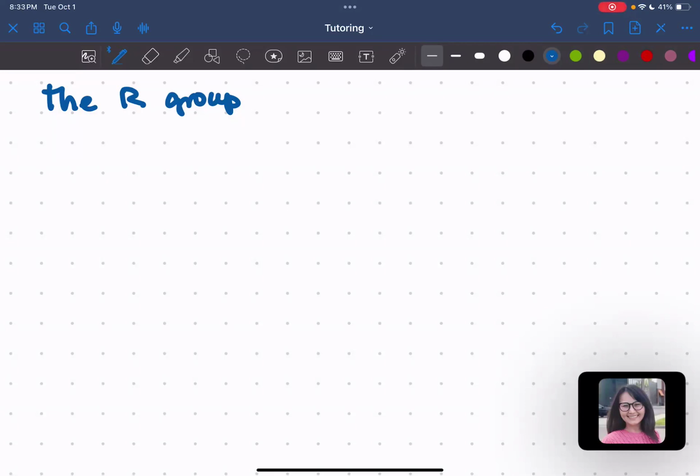Oddly enough, we're going to keep it very general, very traditional, and follow one textbook, which I'm going to list. Okay, let's start with nonpolar.